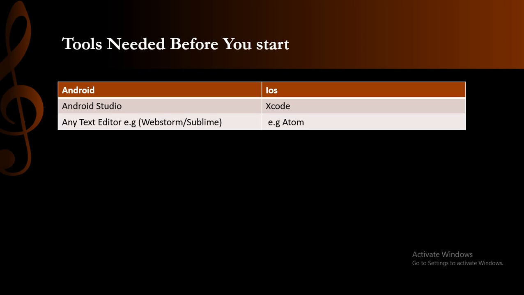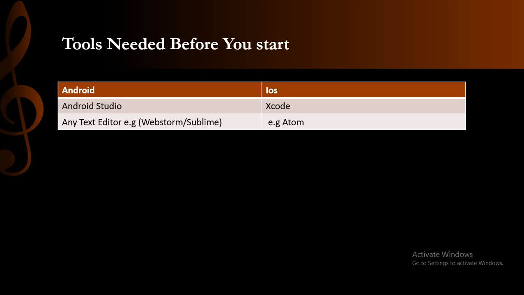I've been using Android Studio, and they are the same developers, so I'm going to be using WebStorm because it is a bit better in terms of intelligence, and it is user friendly from my side. For those who can't manage WebStorm because at a certain time you have to pay for it, you can use Sublime or Atom.